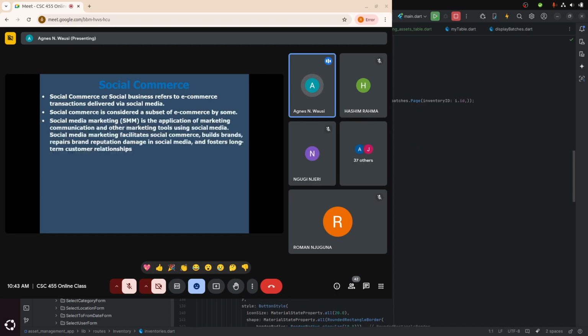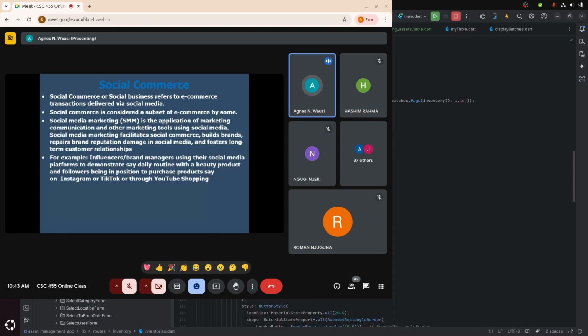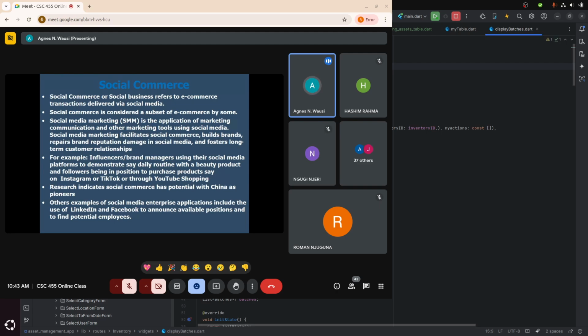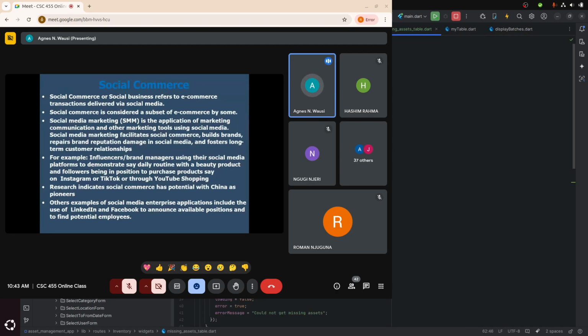So social commerce is really emerging, and we are seeing it in very many different sectors. A lot of the marketing itself, especially using social media, is so that people are able to build brands.